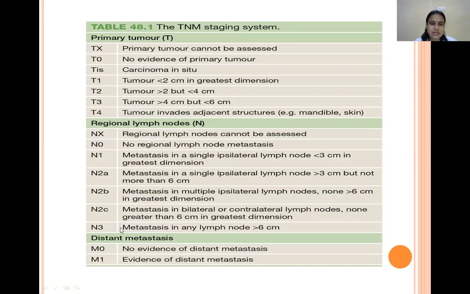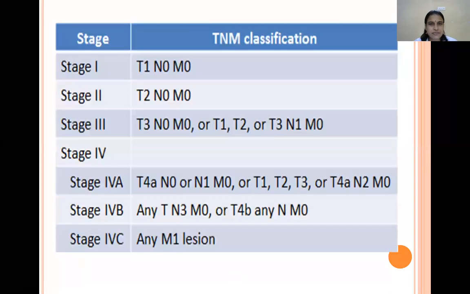N3, the size is more than 6 centimeters. M1, evidence of distant metastasis present. So this is TNM staging, the same for all oral cavity malignancies.